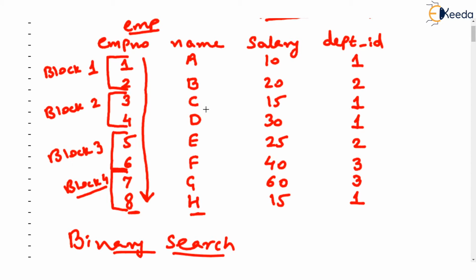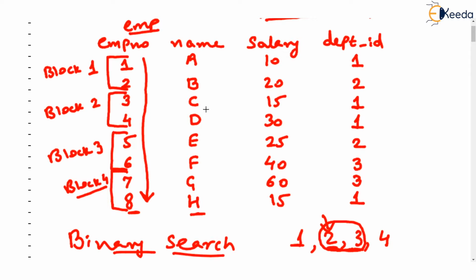4 blocks are there, a total of 4 blocks. I'll write here 1, 2, 3, 4. These are block numbers. Then the center block will be found out. We call it the midpoint. Now there is no perfect midpoint here because there are 4 values. So 2 and 3 are eligible candidates for center. Let us take 2 as the center.